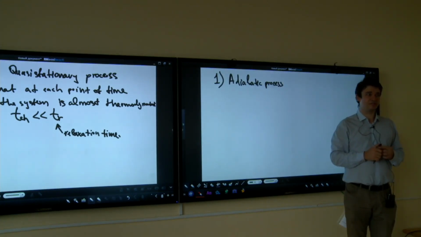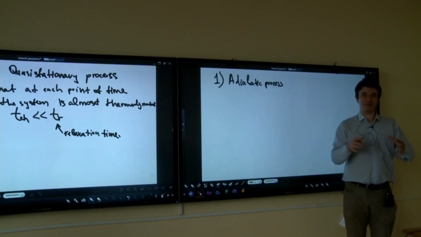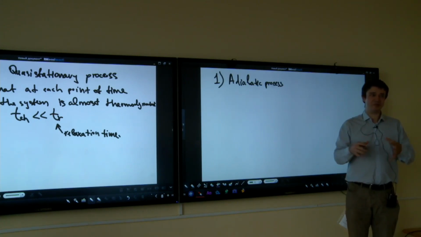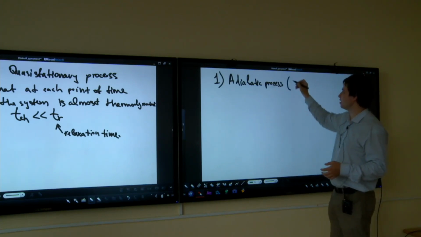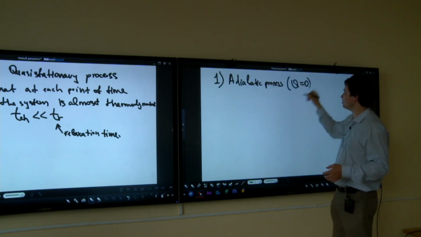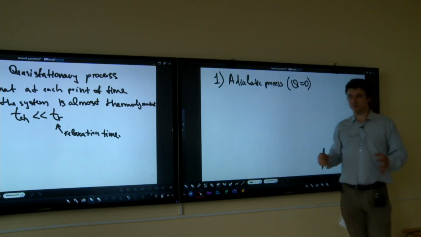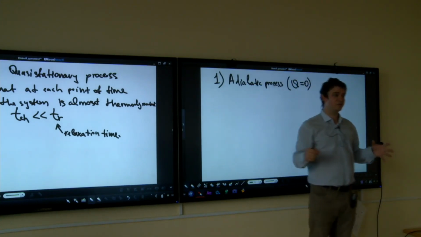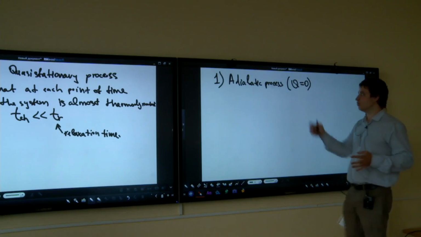What is the adiabatic process? It's like a new language you should learn, when you study this new terminology. Adiabatic process is a process which happens without heat exchange. The amount of heat supplied to the system is 0. So you isolate your system from the environment, and you can change volume, for example, but you cannot supply heat.